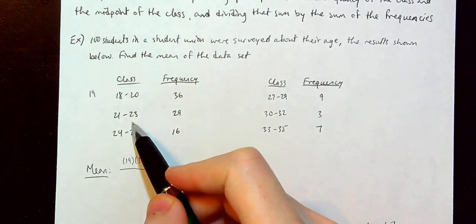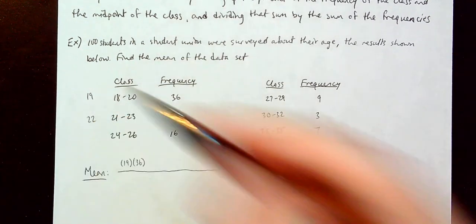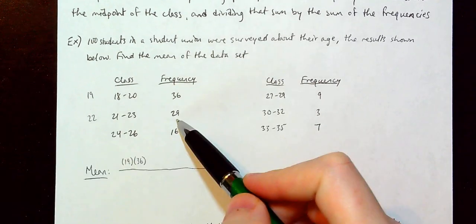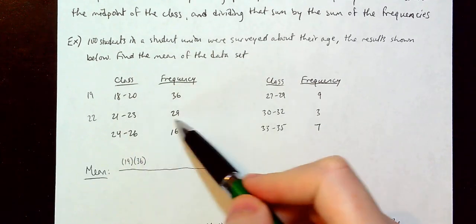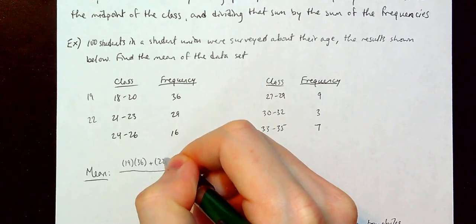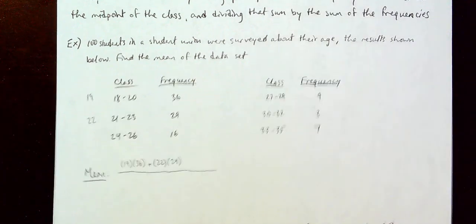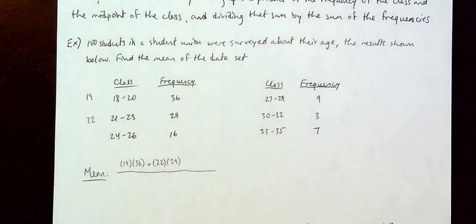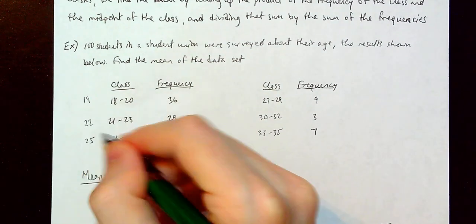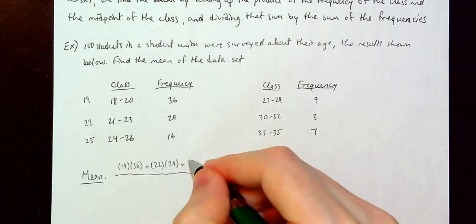Next class, what's the midpoint of 21 to 23? Well, that's pretty nice, it's 22. I'm going to take that midpoint of 22 and multiply it by the frequency for this class, which is 29. And I'm going to keep doing the same thing for each of my other four classes. Take the midpoint, halfway between 24 and 26 is 25, multiply it by the frequency.